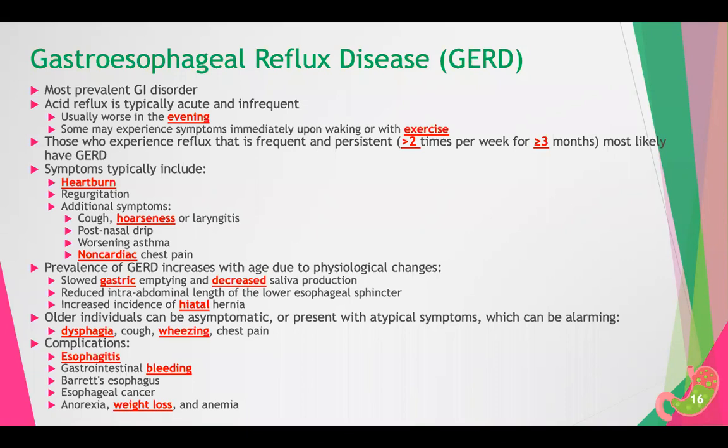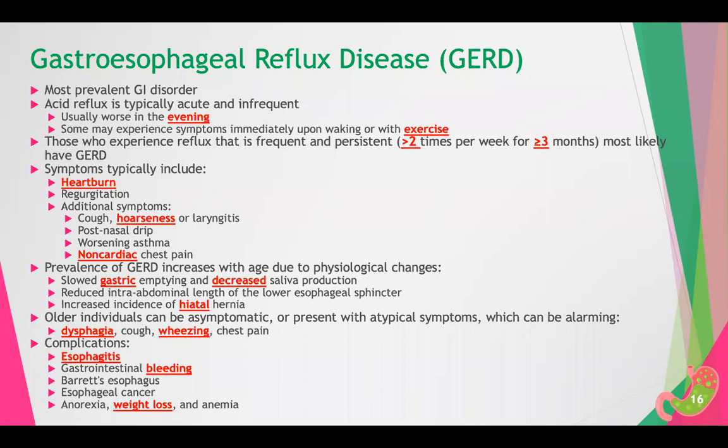So there is that slowed gastric emptying, and there is a decrease in saliva production. There's also reduced intra-abdominal length of the lower esophageal sphincter and an increased incidence of hiatal hernia. And a hiatal hernia is sort of like a bend in the upper stomach, and it causes stomach contents to be pushed up into the esophagus, causing GERD or acid reflux.